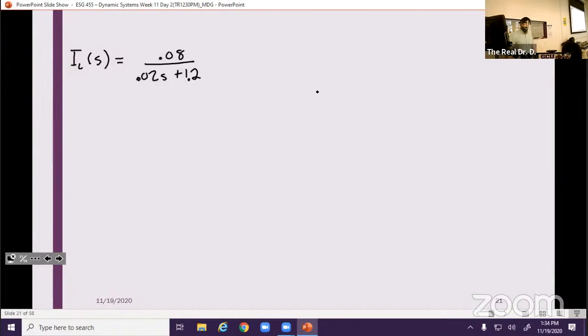All right. This is what IL of S is. But I'm going to divide out by 0.02, so I'll get 0.08 over 0.02 times S plus 60, not 4. I don't know why. 4 over S plus 60.